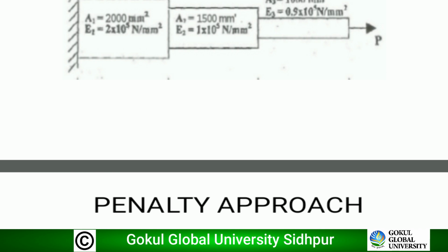First of all, in this kind of example, there are 7 steps in FEA, which we have discussed in PPT number 2, right? If you clearly understand the 7 steps in FEA, then your problem would be easy in the penalty approach.